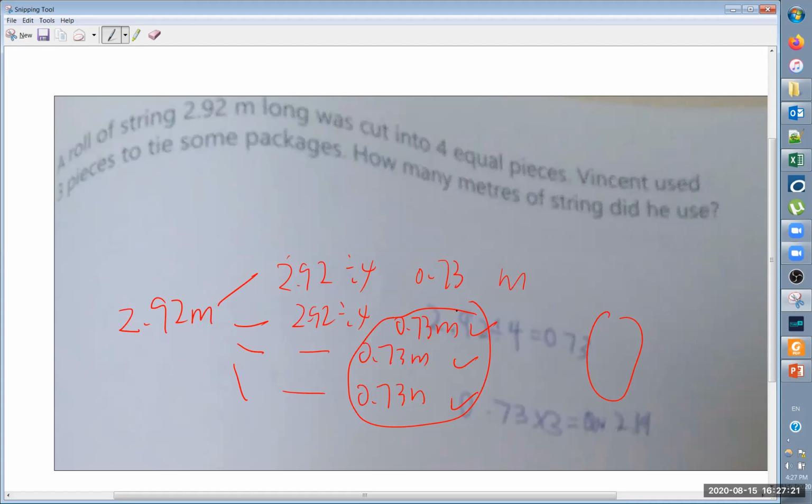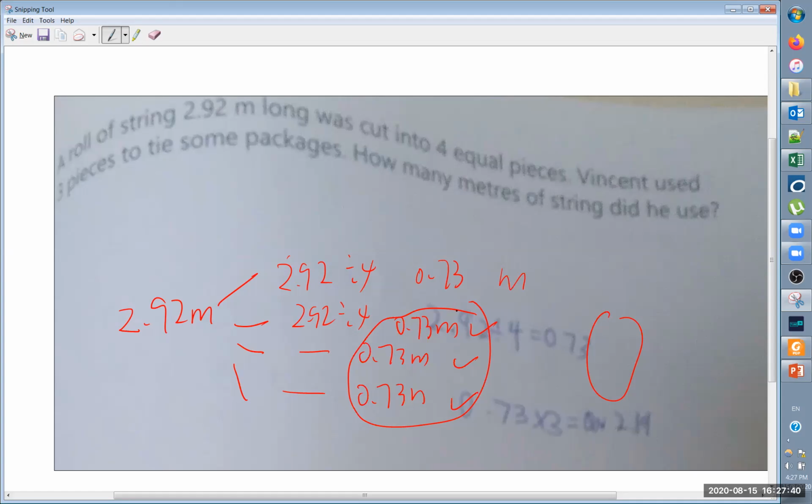That's one way. If I don't want to use times, 0.73 plus 0.73 plus 0.73. Correct, you add 3 times the same thing.